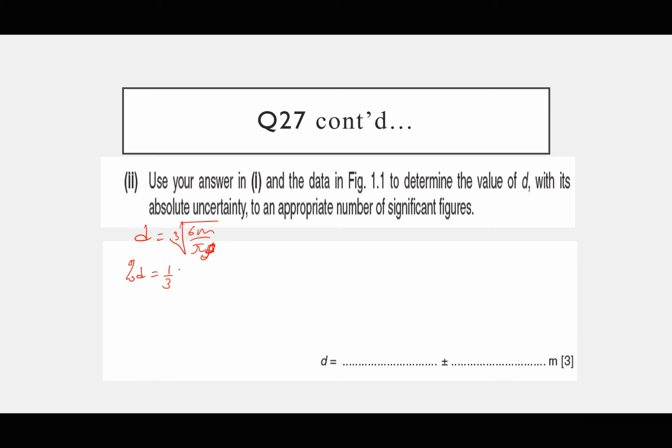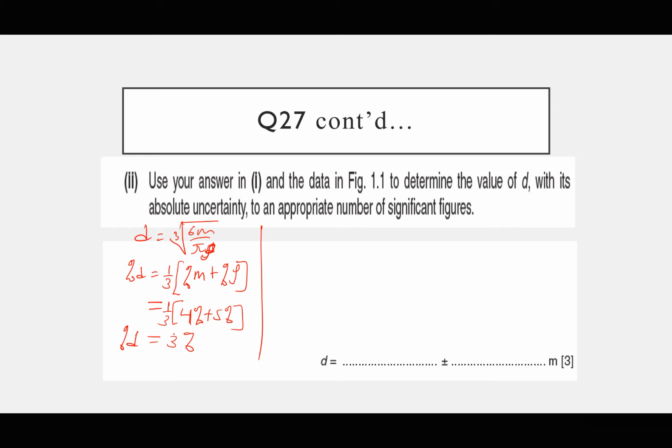So we multiply the power by the percentage uncertainties. We ignore 6 and pi. So this will be a third into percentage uncertainty in m plus percentage uncertainty in rho. When you substitute, it becomes a third into m is 4%, plus rho, which is 5%. So the percentage in D is 9 divided by 3, which is 3%. That is percentage uncertainty in D.